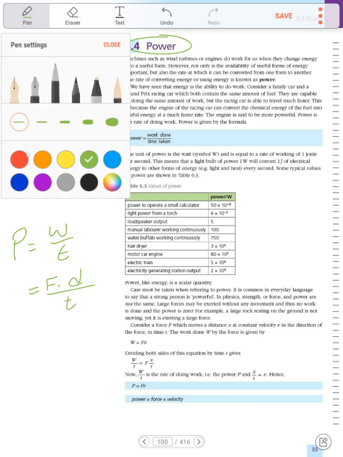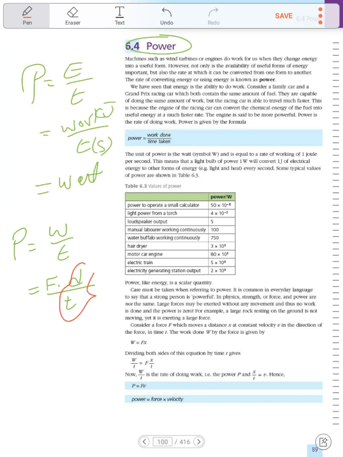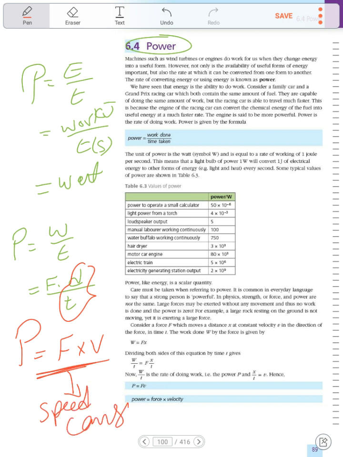We have a special case: if distance over time equals speed, then force multiplied by speed equals power. This can only be used if the speed of the object is constant. Otherwise, you can't use this relation. So power equals energy or work over time. Power equals force multiplied by speed if the speed is constant.